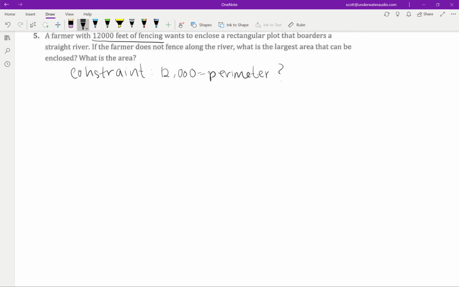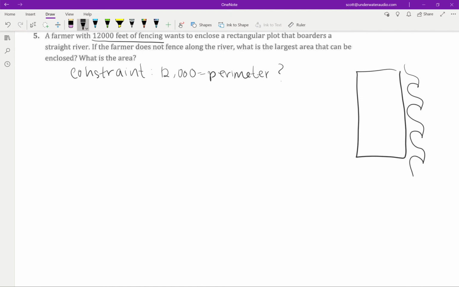A farmer with 12,000 feet of fencing wants to enclose a rectangular plot that borders a straight river. Okay, so borders a straight river. And by the way, I put my river on the right side, but you could put it anywhere else.